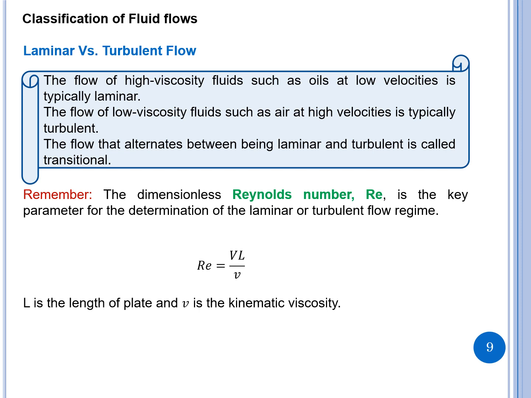To determine whether the flow is laminar or turbulent, we use the Reynolds number. Reynolds number is basically velocity times L over kinematic viscosity. So Reynolds number depends upon the length under consideration, the velocity of the fluid and the viscosity of the fluid. And remember, this is a dimensionless number.